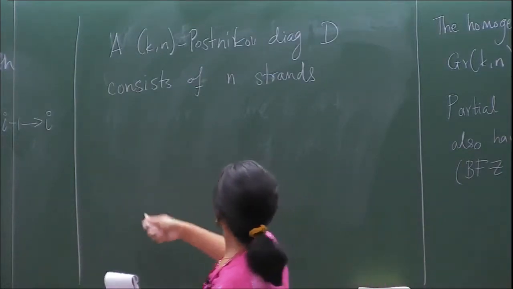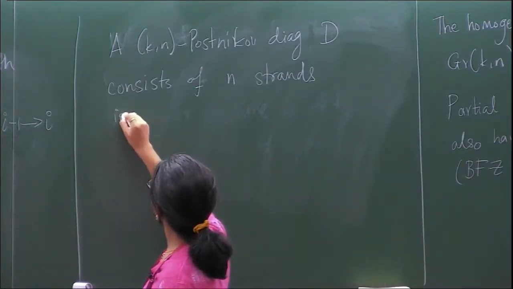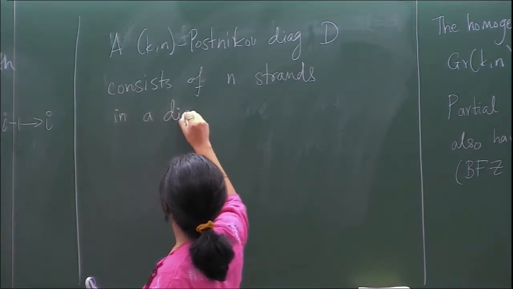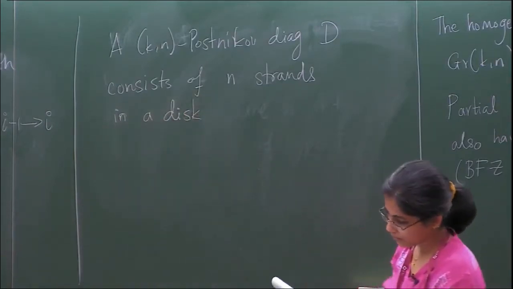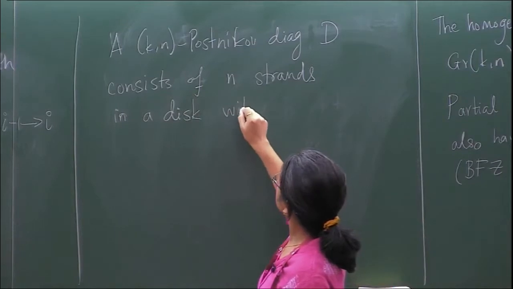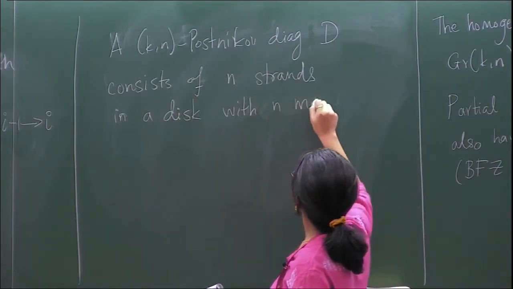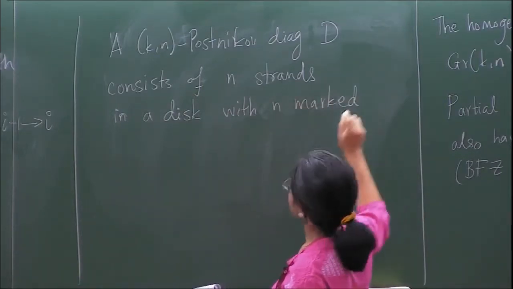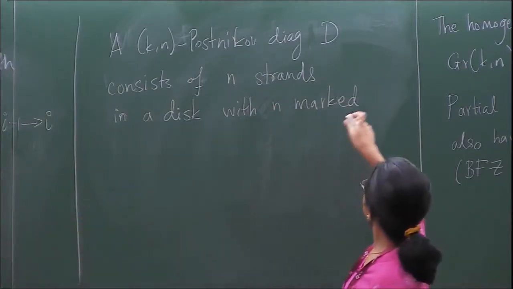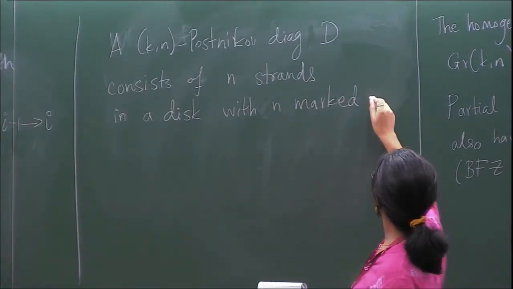These are n strands in a disk with n marked points, and our n marked points are going to be those on the circular graph.